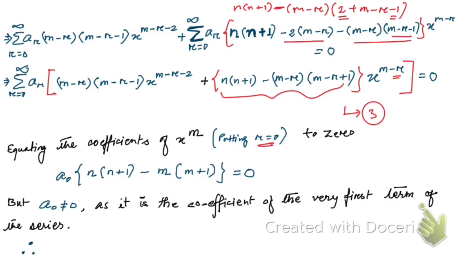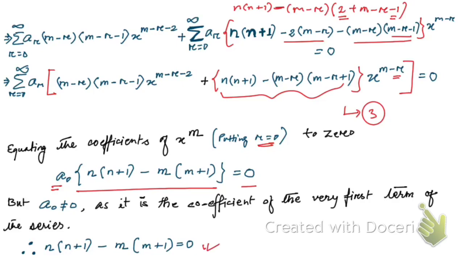Therefore, if A0 is not equal to 0, this must be equal to 0, and only then will we get 0 on the right hand side. Hope you have understood this, right? If we write this one equal to 0, we're going to end up getting this. Now if we simplify this, let me copy this last step and take a new slide, so that I can explain further.